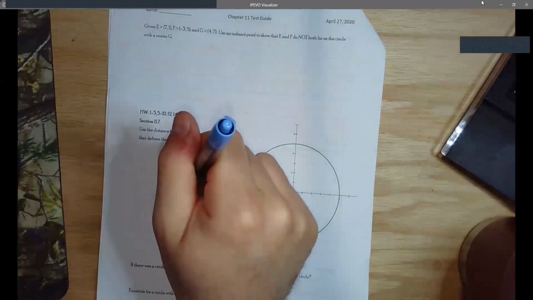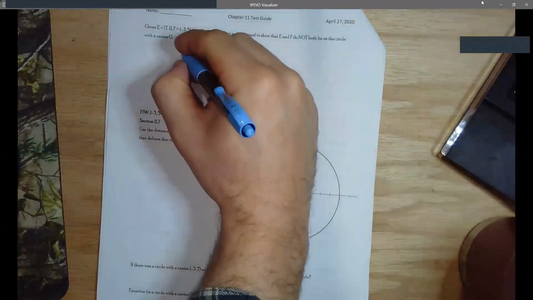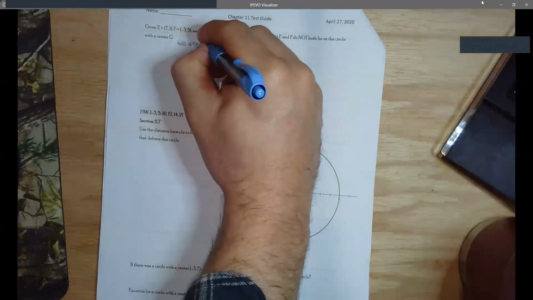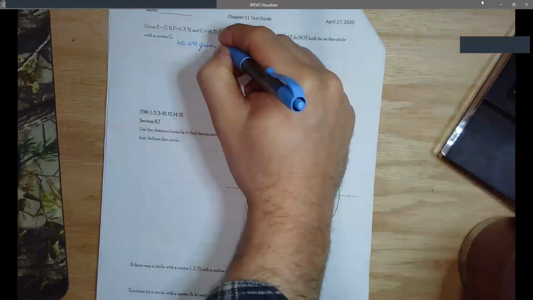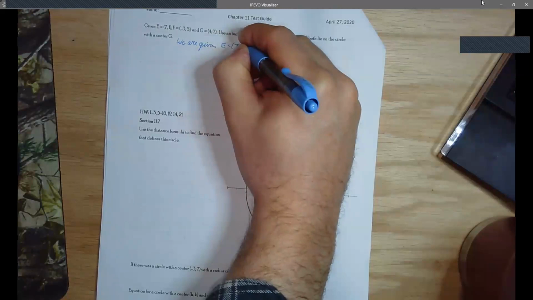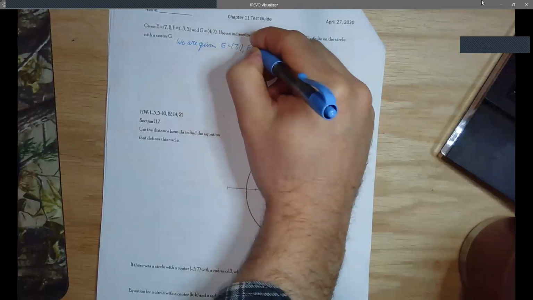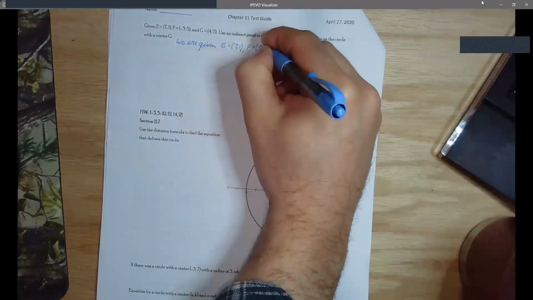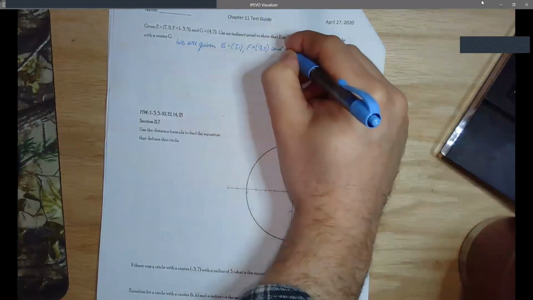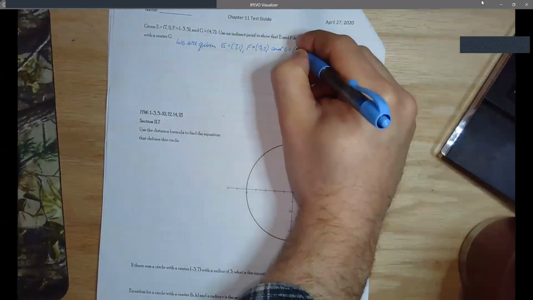All right, so we are given E is (7, 1), F is (-3, 5), and G is (4, 7).